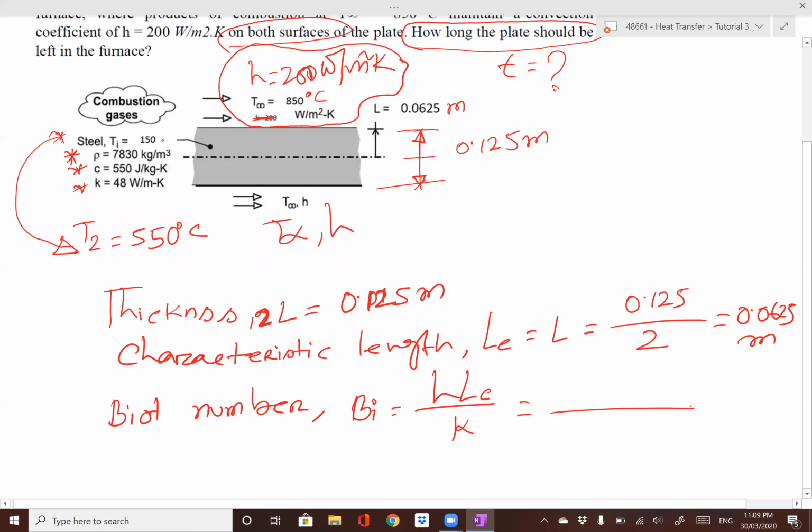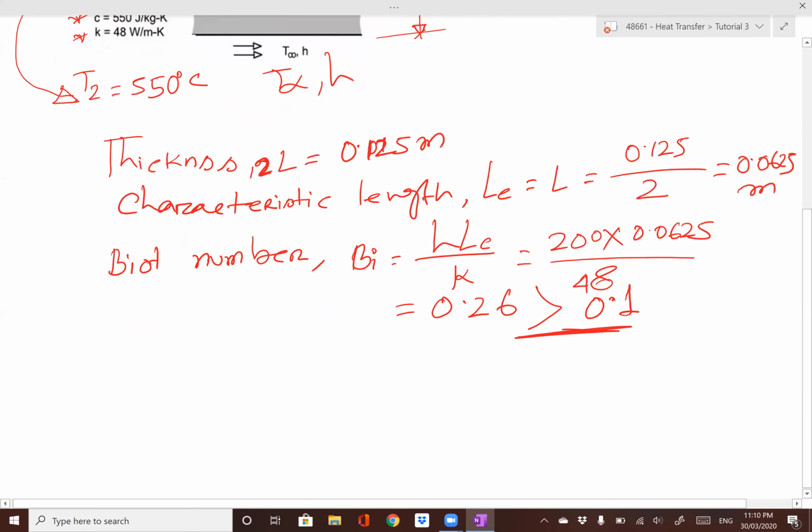So here h is given 200, LC is 0.0625 and k is given 48. So we will get 0.26, which is greater than 0.1.